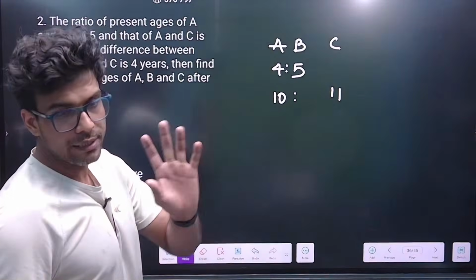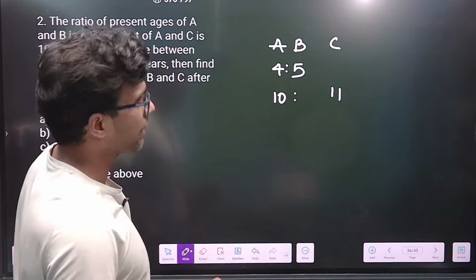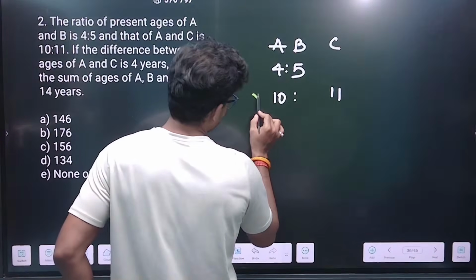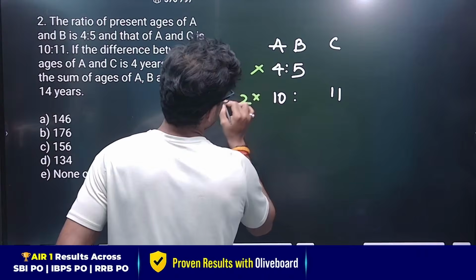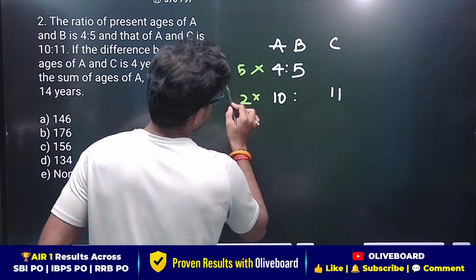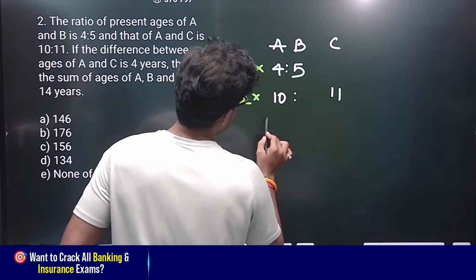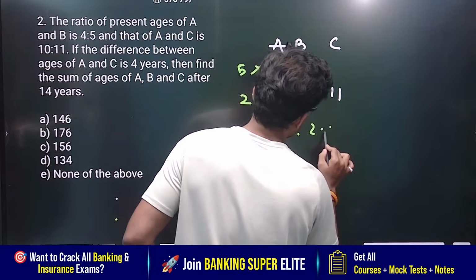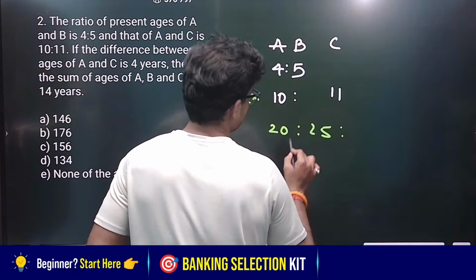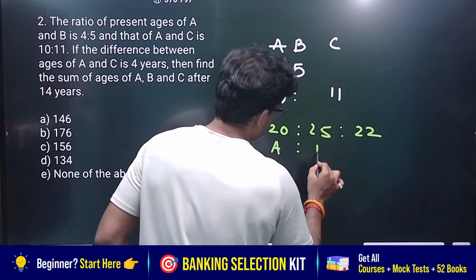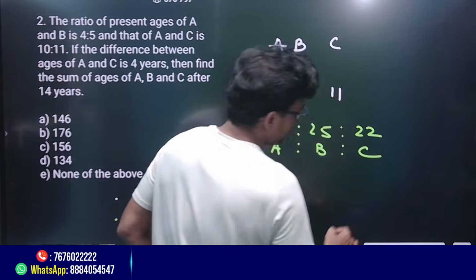See, in both the cases A is not common. So what can we do? We can do one thing. If I multiply this by 5 and that by 2, 5 4s are 20, this will become 20 is to 25 is to 22. This is basically A is to B is to C, right?